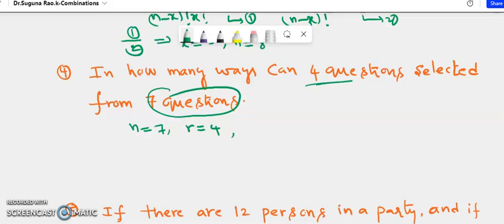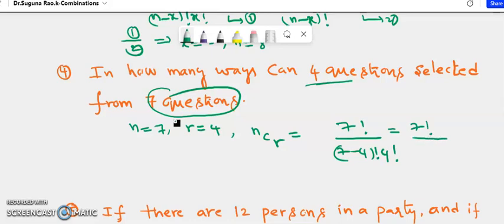By using the above formula nCr, we have 7 factorial by (7 minus 4) factorial into 4 factorial, that equals 7 factorial by 3 factorial into 4 factorial. So total value is 35. Okay. So there are 35 ways 4 questions can be selected from 7 questions.